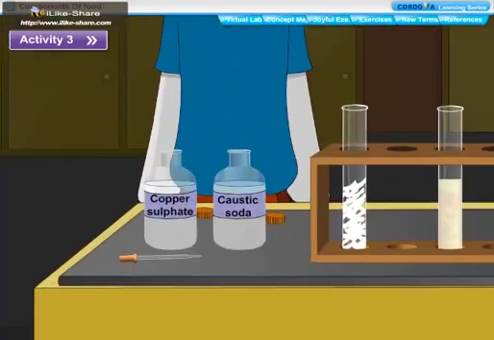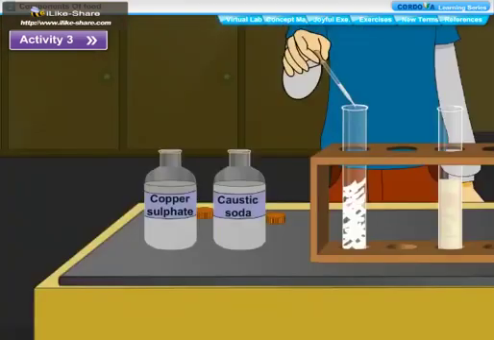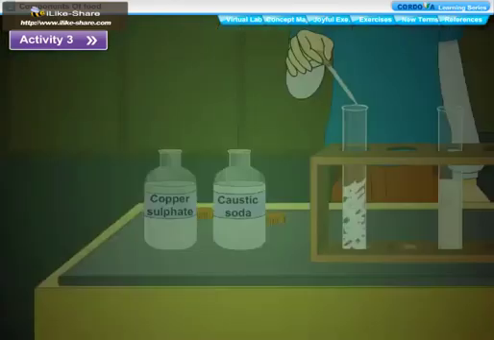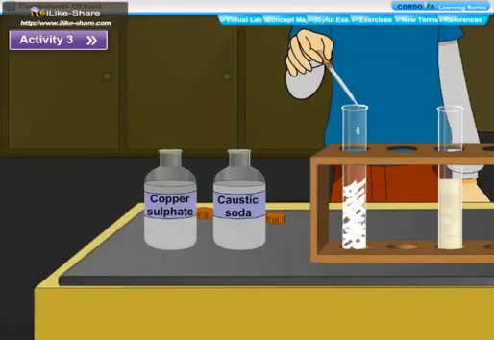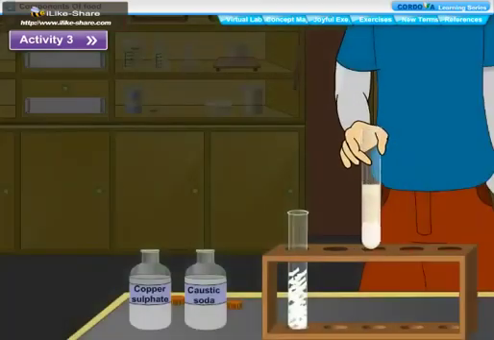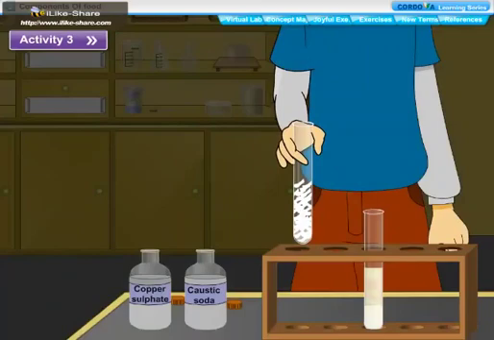Use a dropper to add 2 drops of copper sulfate solution and 10 drops of caustic soda solution to each test tube. Shake the test tubes well and allow them to stand on the test tube stand for a few minutes.